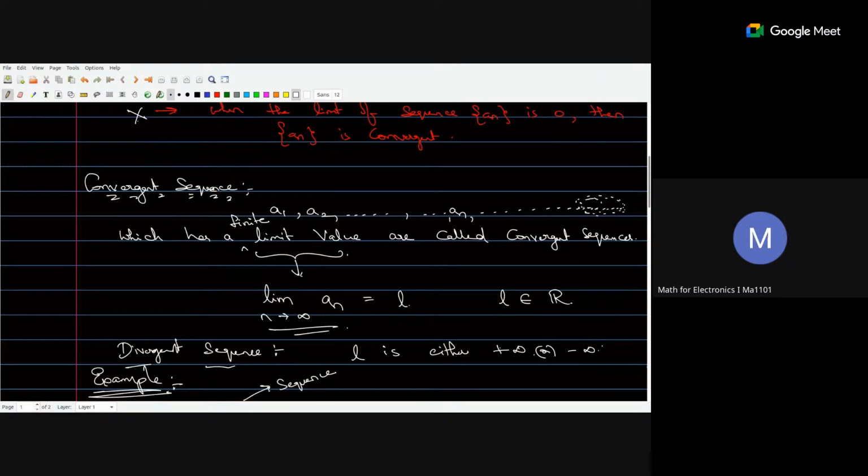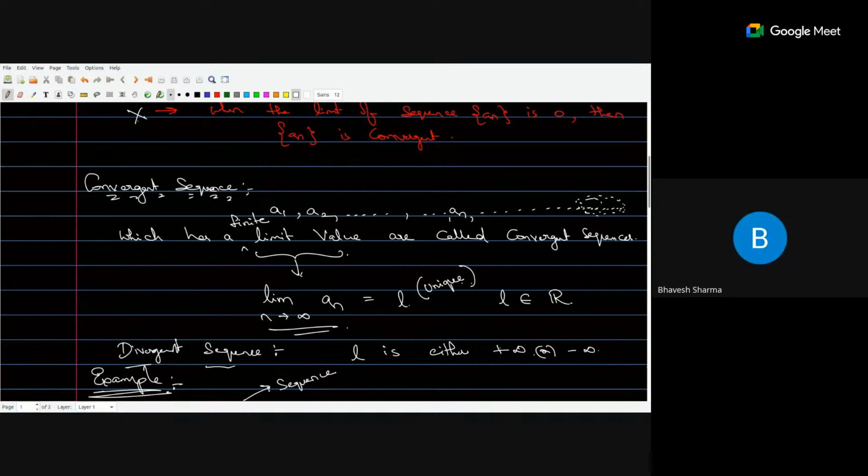Having a limit value means when I tend n to infinite, what is happening to the nth term, or the last terms in the sequence? Are they going towards one value, which is L, and is that L a real value or not? We will write that as unique.